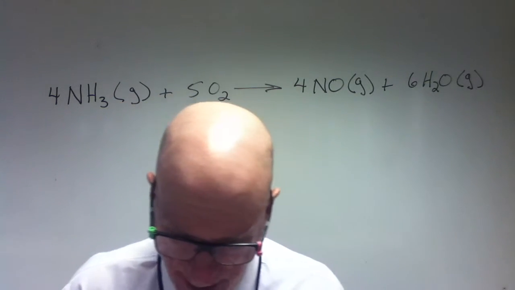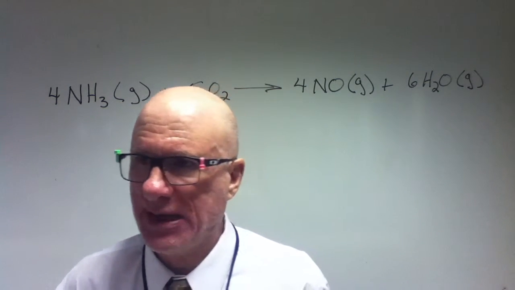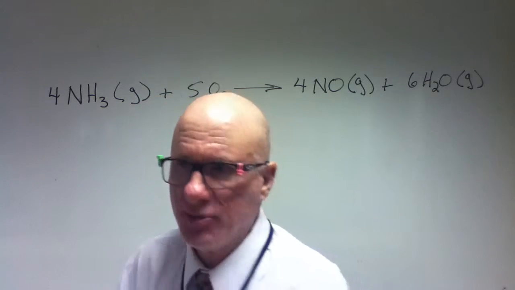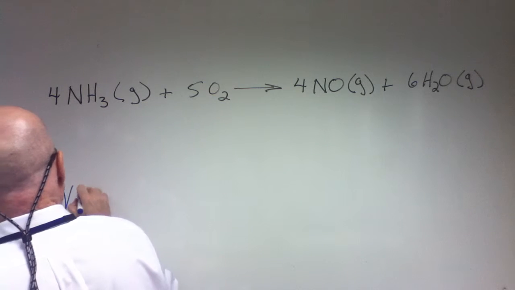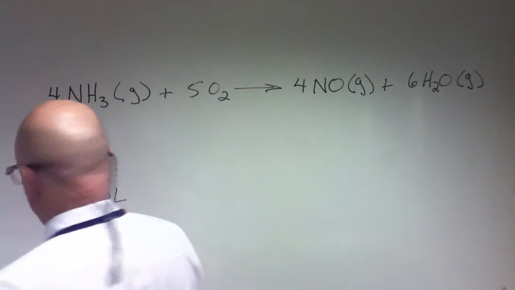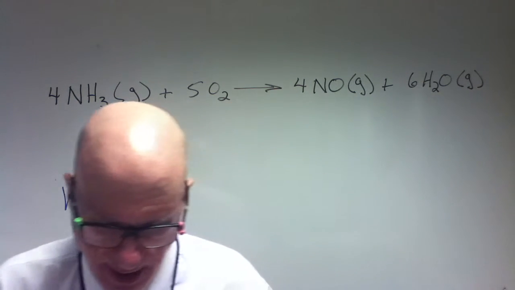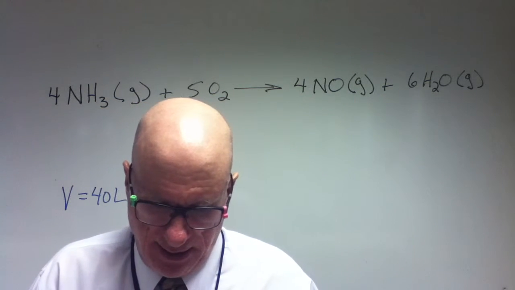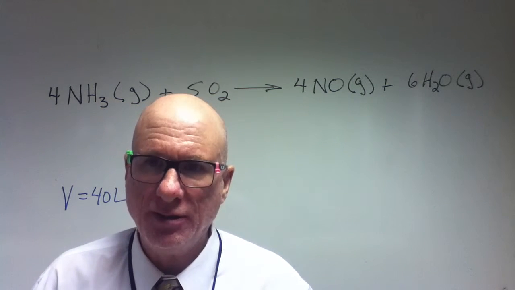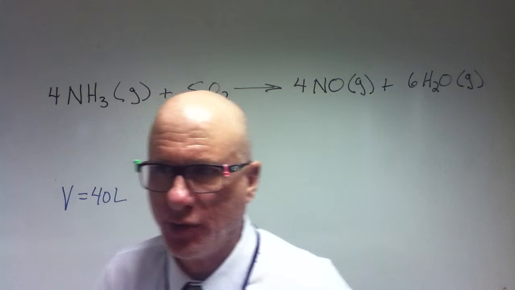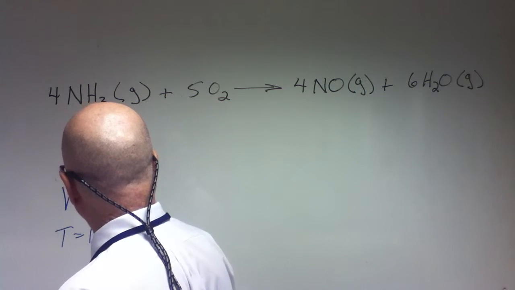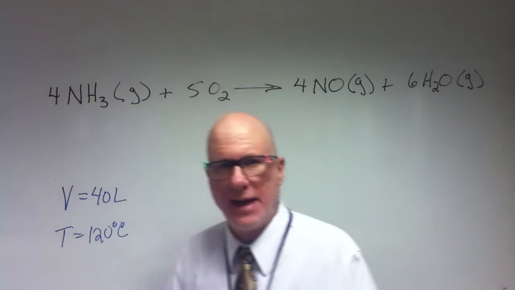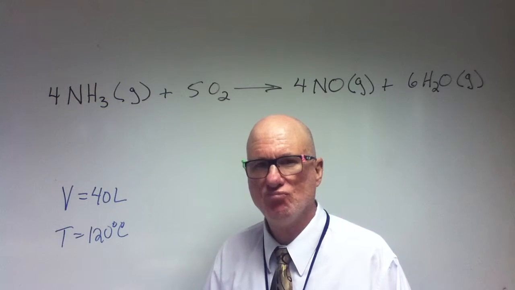All right, now, I have a sealed container, so it's going to be constant volume. So the volume is going to be 40 liters. Okay, volume, I'll write right here, volume 40 liters. What else is given? It says the temperature is going to be at 120 degrees Celsius. And what do you automatically change that to?